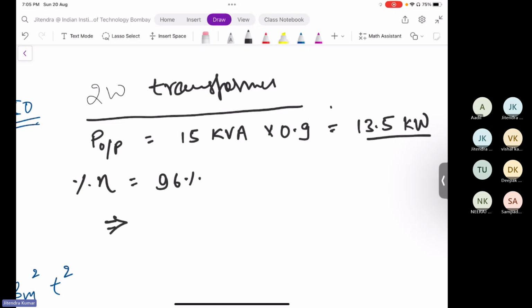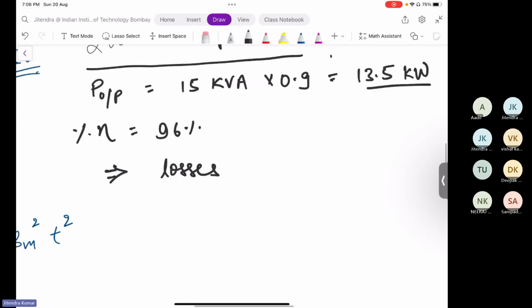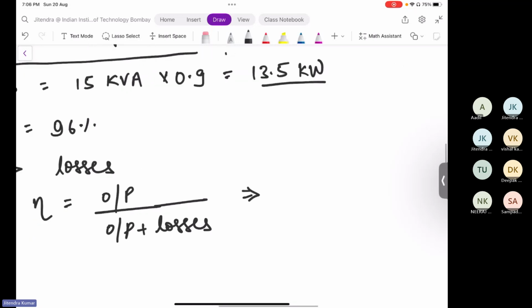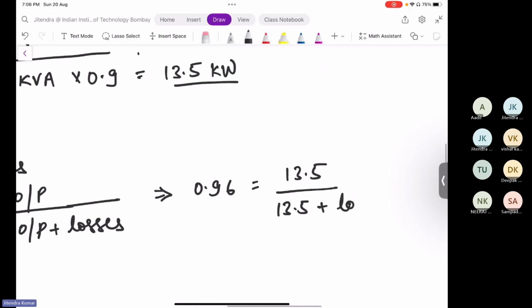It means if you want to compute losses, you have to apply the efficiency formula, output power divided by output plus losses. So 0.96 is equal to 13.5 divided by 13.5 plus losses. So how much will the losses come out to be?